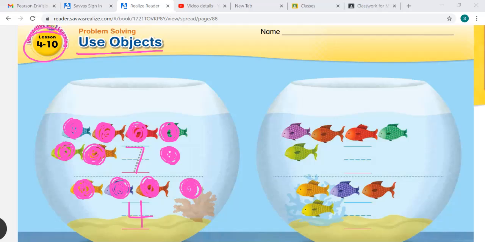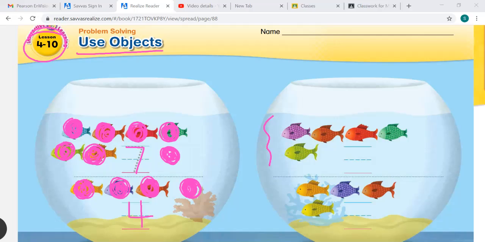Let's go to the next row of fish over here. We see 5 fish and then 2 more. How many fish do we see?